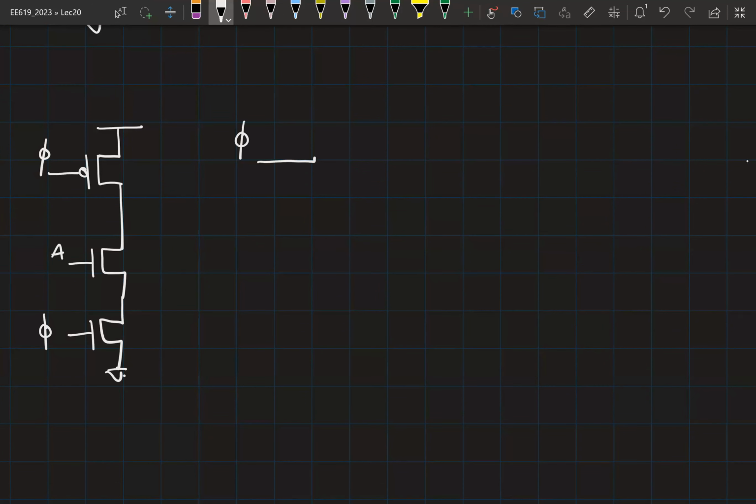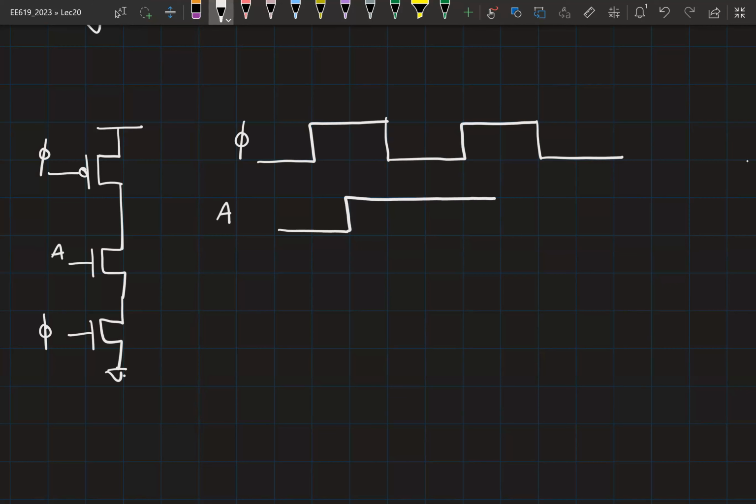Let's say your clock waveform is as shown here. The A is changing like this. Can you sketch the output? So the pre-charge phase is when phi is equal to 0.